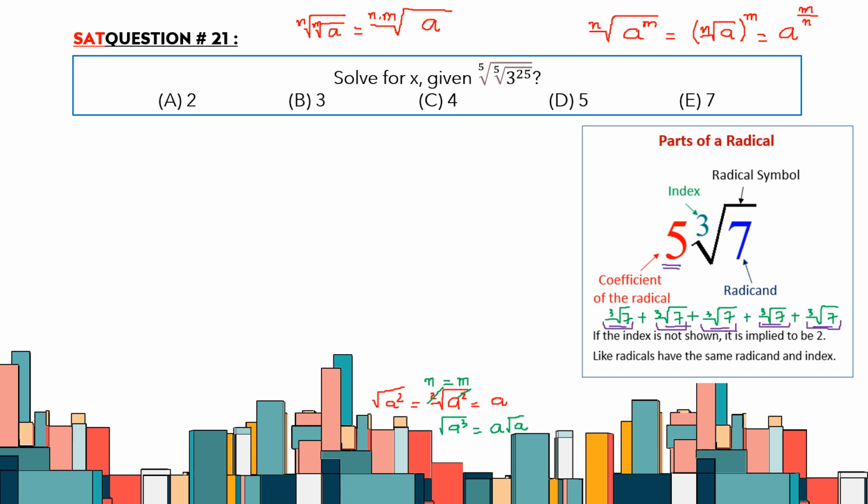Since this one is 2, every 2 factors we take out once. So this is the first 2, and then the one left inside is still stuck inside the radical. Or if we write it in terms of fractions of the powers, we will have a to the power of 3 over 2.